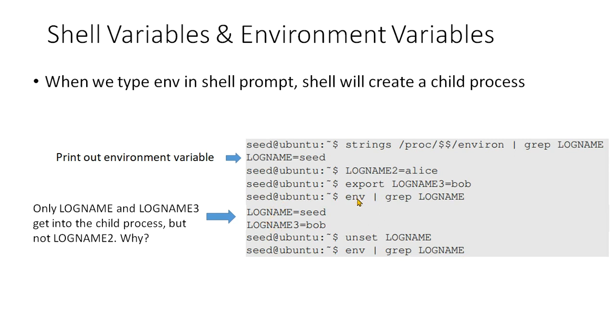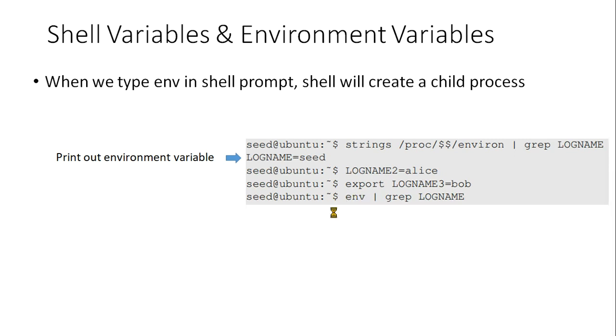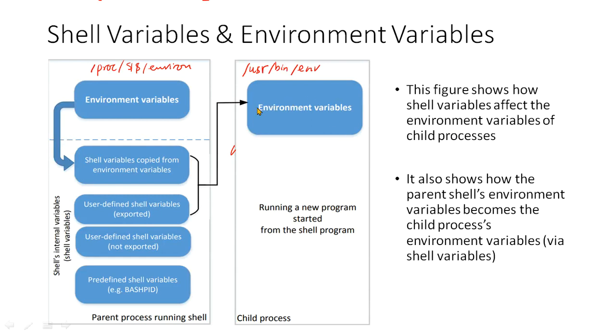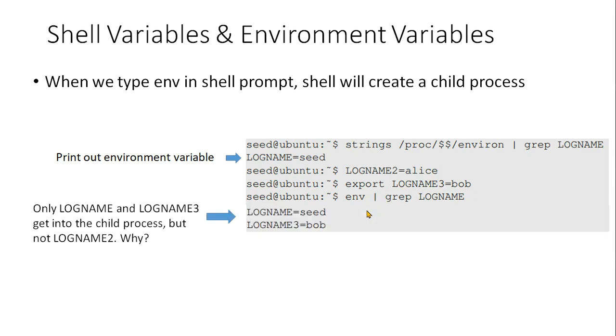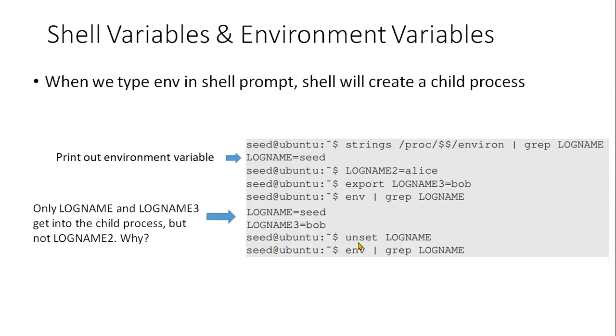Even though we say we print out this, actually everything in the environment variables of the child process is copied into the shell of the child, so it only prints out the copy of this. So now we unset log name, that means we try to remove this and we try to display it again. env grep log name. So what do we see here?